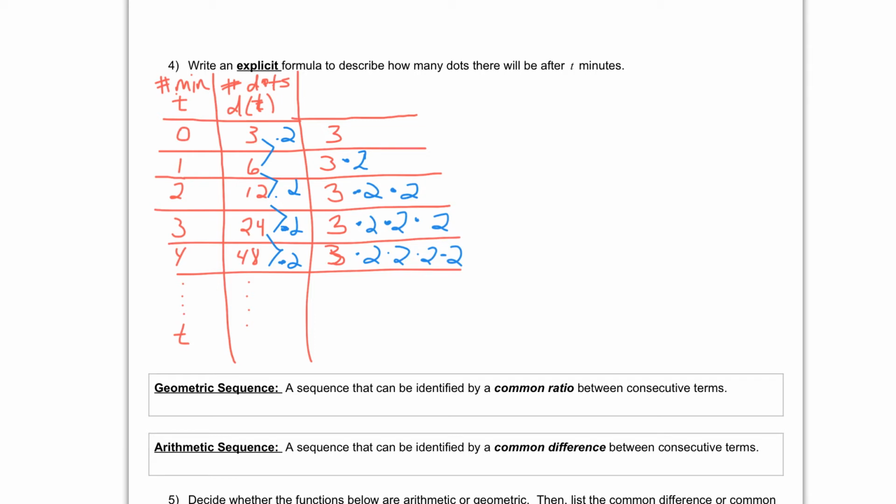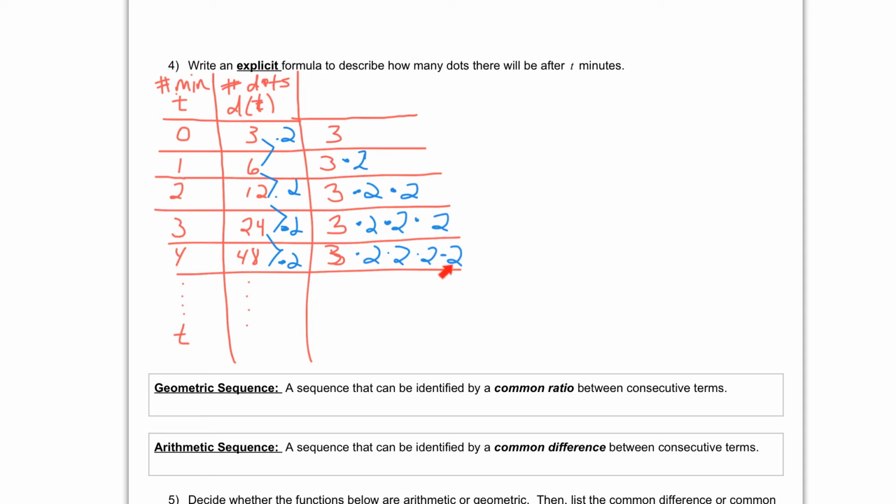So if we look at trying to find for the t number of minutes, we need to figure out how that's going to work. So one thing that I want to point out to you is notice that at 0 minutes, we had 0 2s. At 1 minute, we had 1 2. At 2 minutes, we had 2 2s. At 3 minutes, we had 3 2s.